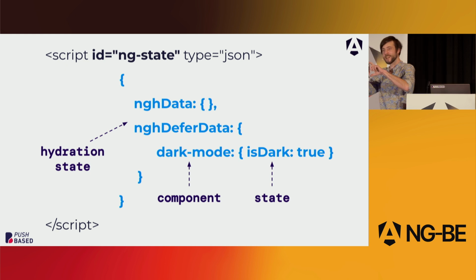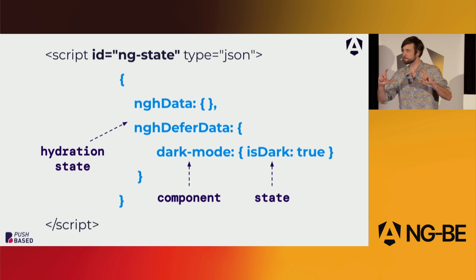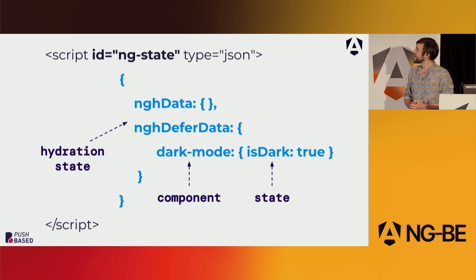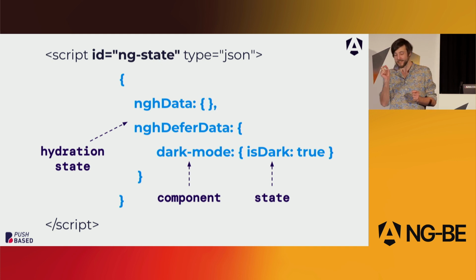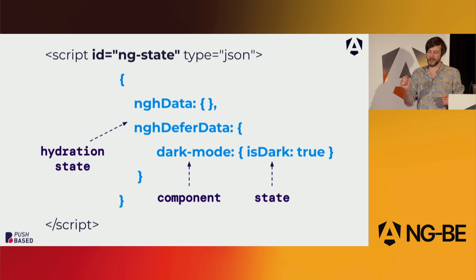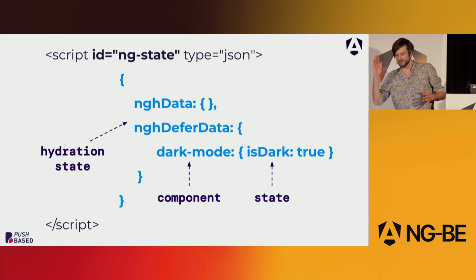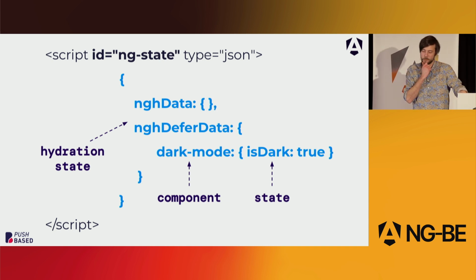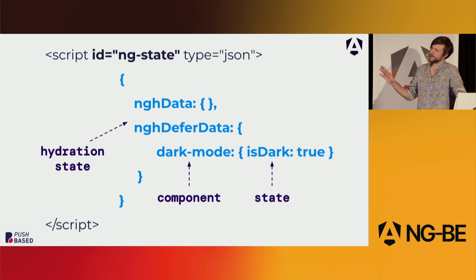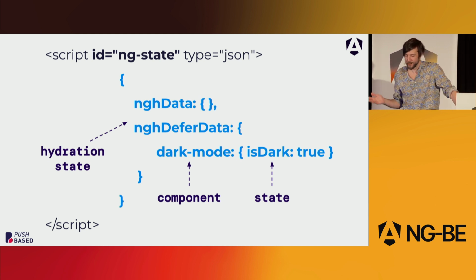At the bottom of your server-side rendered page, Angular application, you have a script. That script has an ID and it's marked with ng-state, just so that you know it belongs to Angular and not to Vite. It's a JSON object that you ship, and in the JSON object you have a lot of information that is heavily obfuscated.